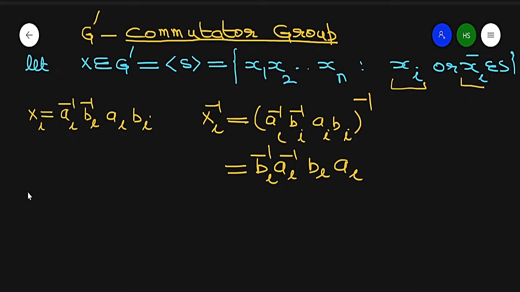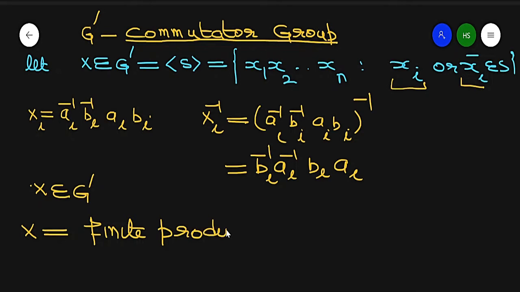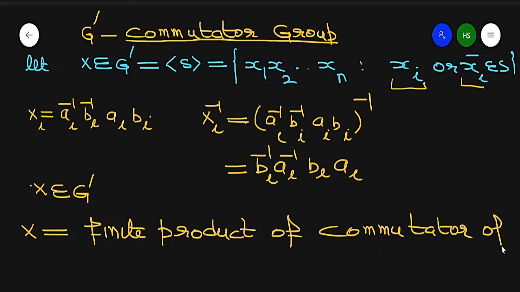So what does it mean? It means if I have some element x belonging to G dash, then x is a finite product of commutators of the group G. Here the inverse is removed because the inverse is also a commutator.